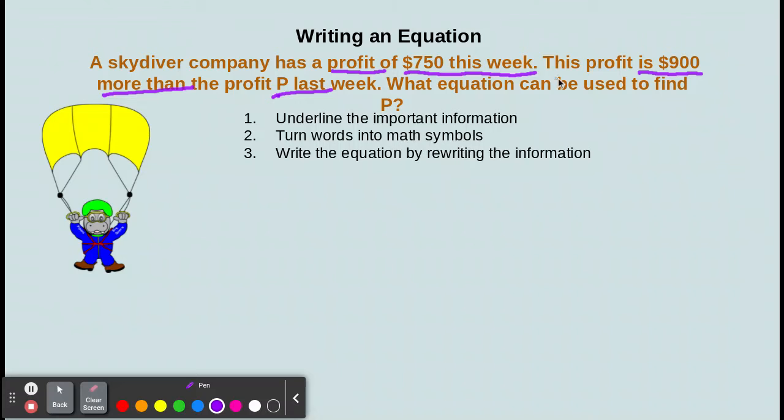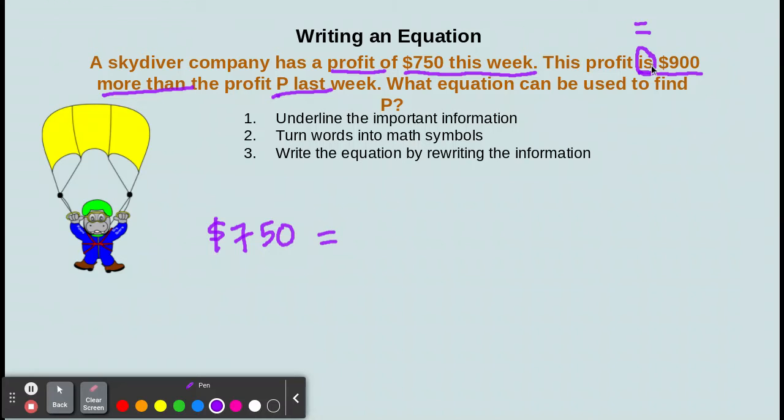Okay, so this profit this week is $750, right? So this profit is, that's a very important word. Is can usually translate to the equal sign in math.